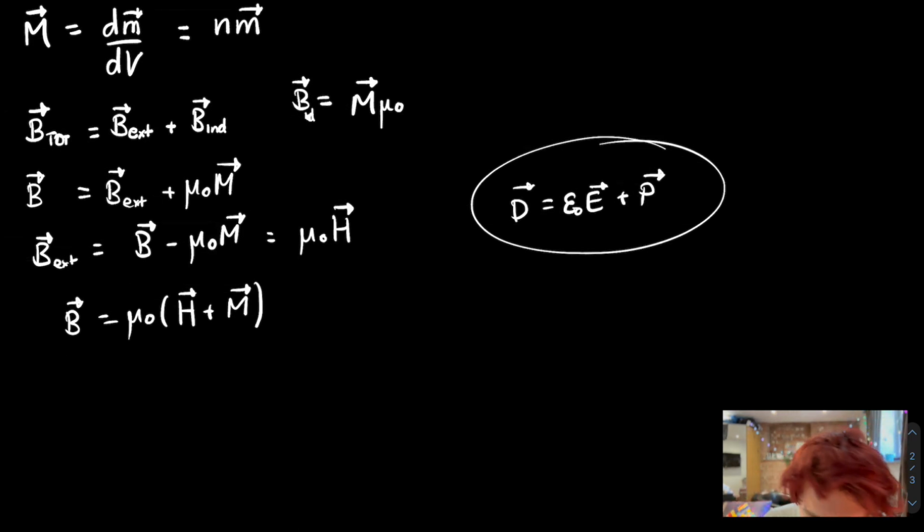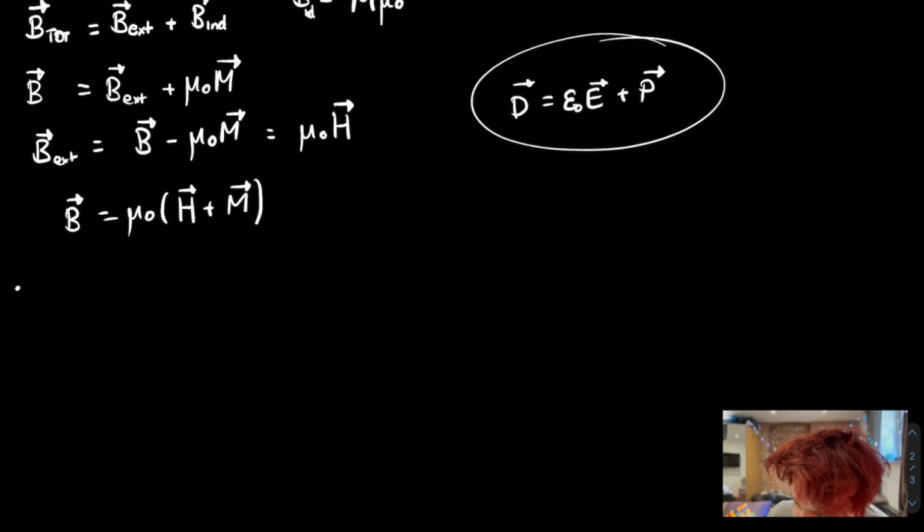So you not only have the externally applied magnetic field, quantified by the H term, but added to that you have the magnetization, produced by the little swirling dipole moments within the material, to produce an even stronger magnetic field B. So yet again, it is very similar, but a little bit different to electric fields.